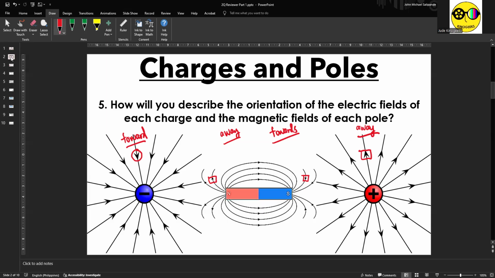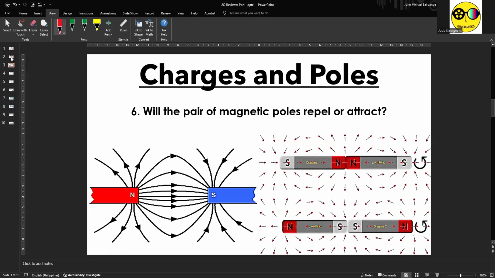All right, so now that we know the orientation of the electric and magnetic fields, it's time to put a pair of charges and a pair of poles together. In number six, we're going to answer the question: will the pair of magnetic poles repel or attract? There are two basic principles of magnetism.